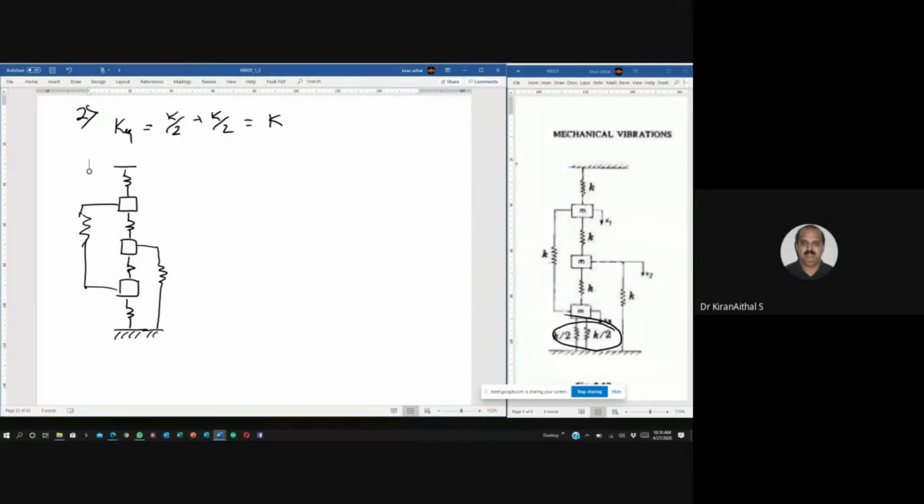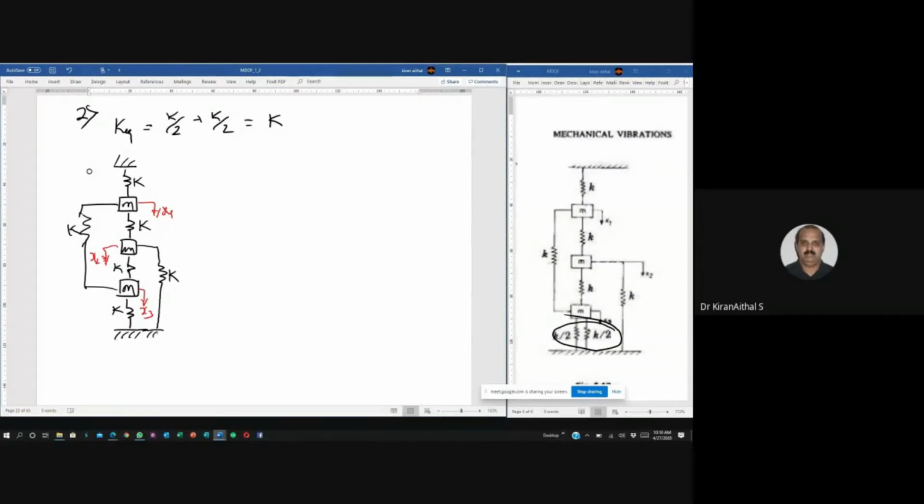So this is how the system gets converted: k, k, k, k, k, k, with masses m, m, m. This will be my x1, this will be my x2, this will be my x3.